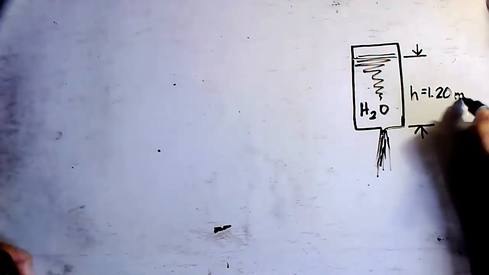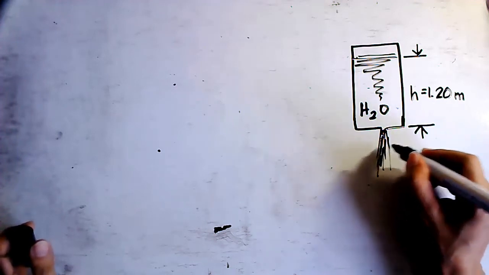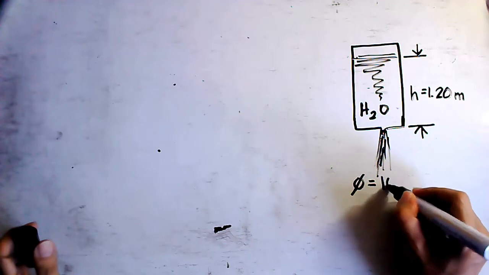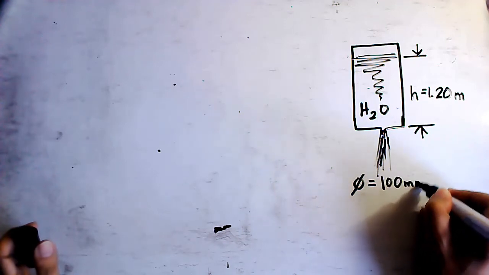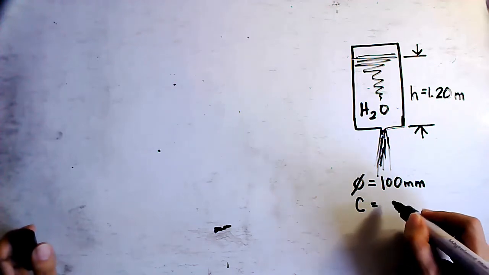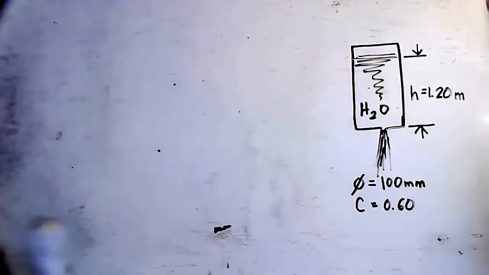The height is constant at 1.2 meters, the diameter of the orifice at the bottom is 100 mm, and the coefficient of discharge is 0.6.